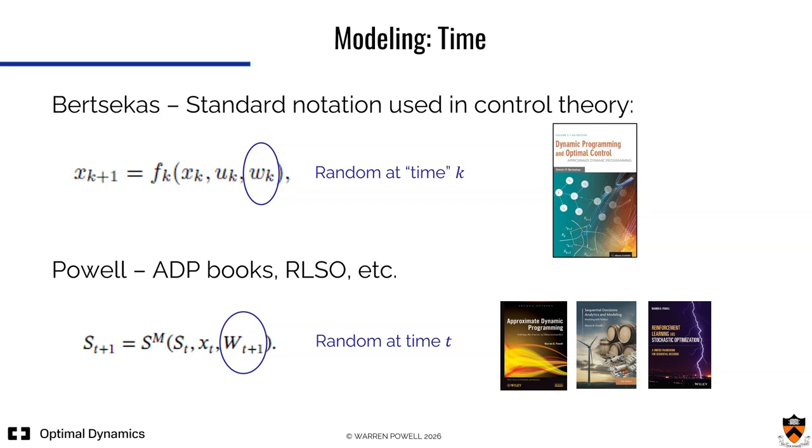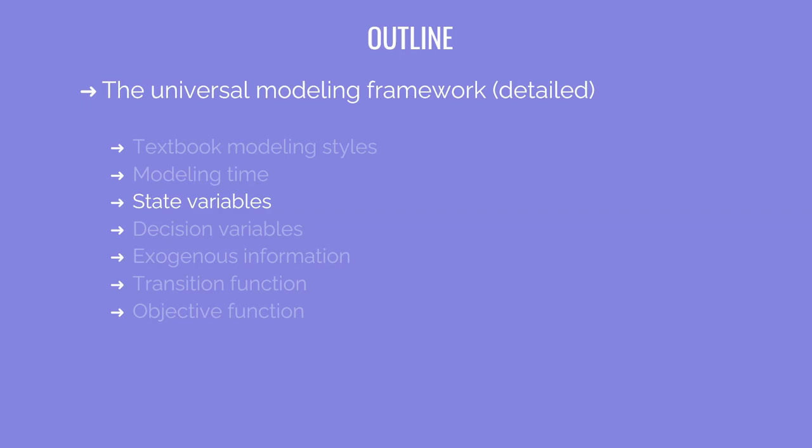Now, this transition function is being computed at time t+1. I'm at time t+1, computing the state at time t+1, which means S_t is known, x_t is known, and W_t+1 is known at time t+1. It really simplifies all the handling of exogenous information.